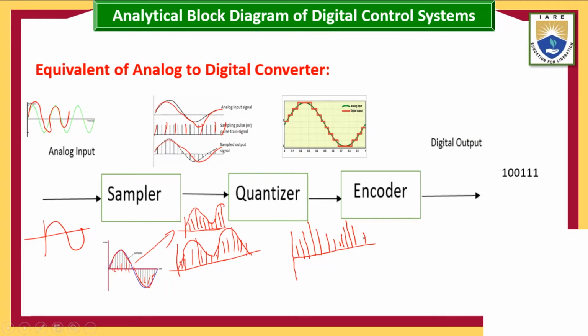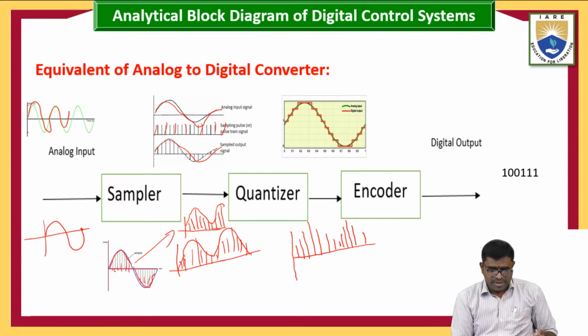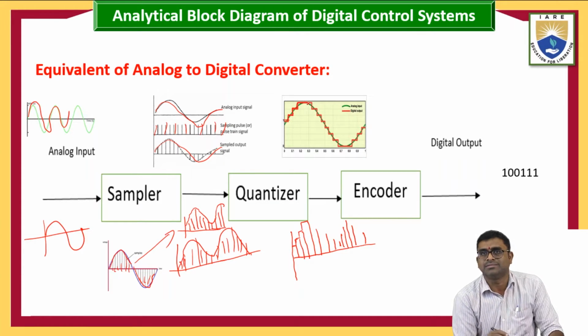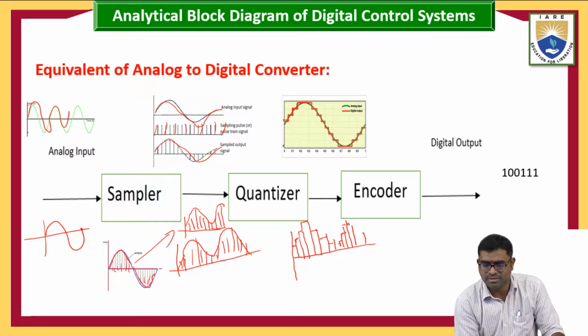Quantizer means it is going to assume voltage levels. That is, this is fixed to 0, next one is fixed to 0, and the next one is fixed to this value, like this. See the diagram representation above. It is fixed to this one, this one, this one, and similarly for these values.